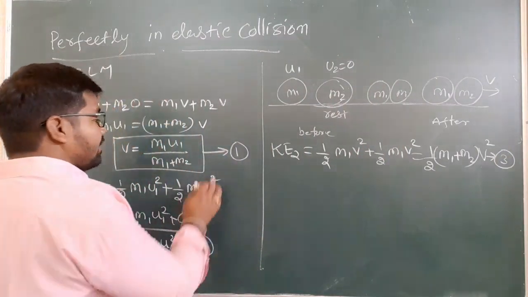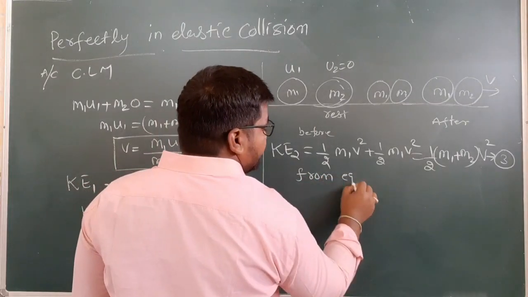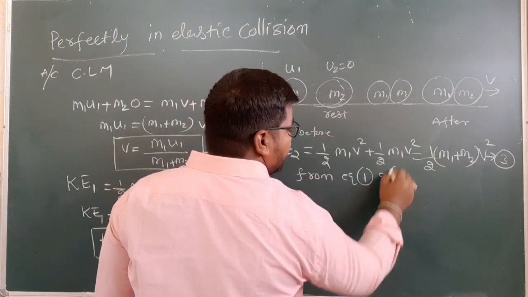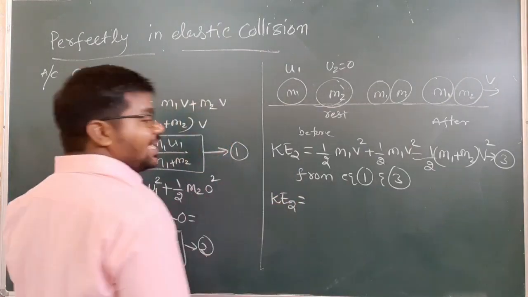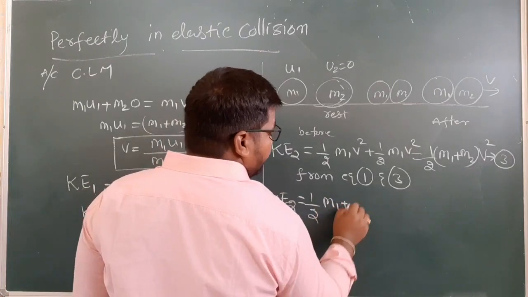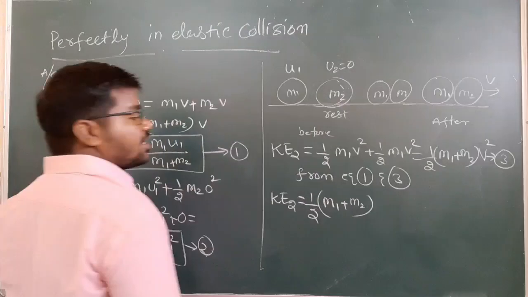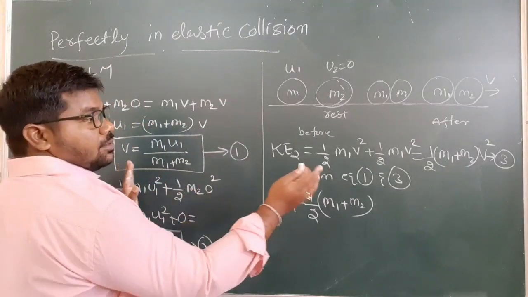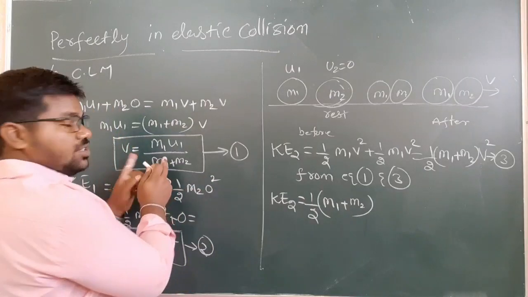From equation 1 and 3, KE2 is equal to 1 by 2 (m1 plus m2). V square is there, so instead of v, you can substitute this.